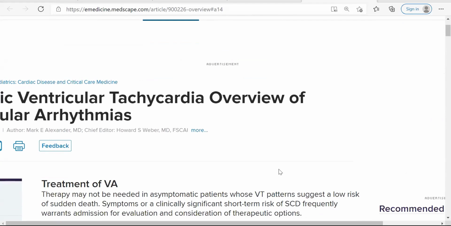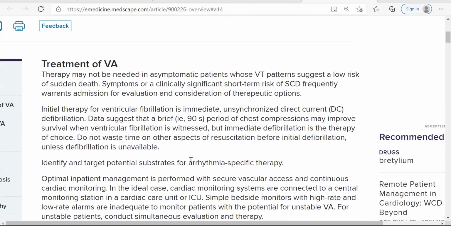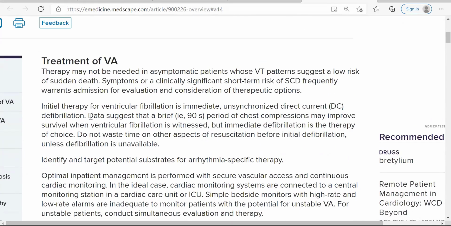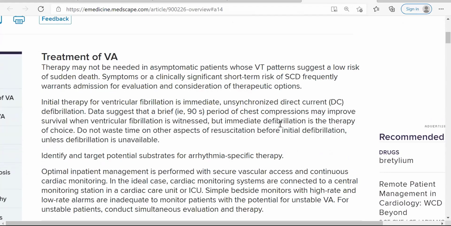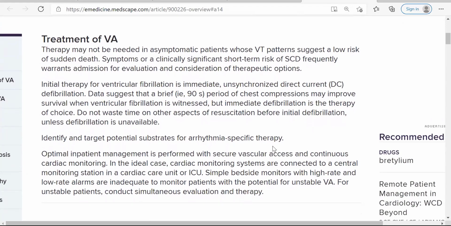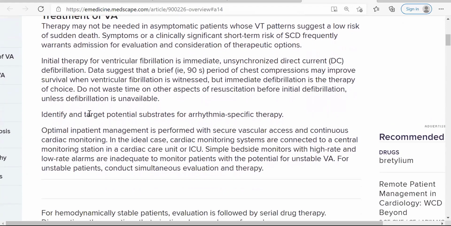This ECG is obviously VT, not SVT with aberrancy. So therapy may not be needed in an asymptomatic patient whose VT pattern suggests a low risk of sudden death. So if it's asymptomatic, it's okay. We can just observe it.